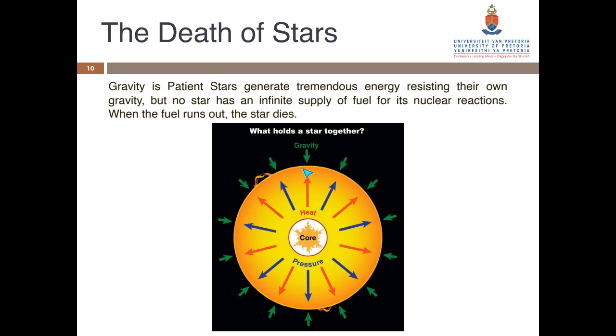And that is our stability, our pressure-temperature thermostat. But as soon as the star cannot create more energy and more pressure pushing outwards, then it collapses in on itself, and then what happens to the star depends on how much mass it has.